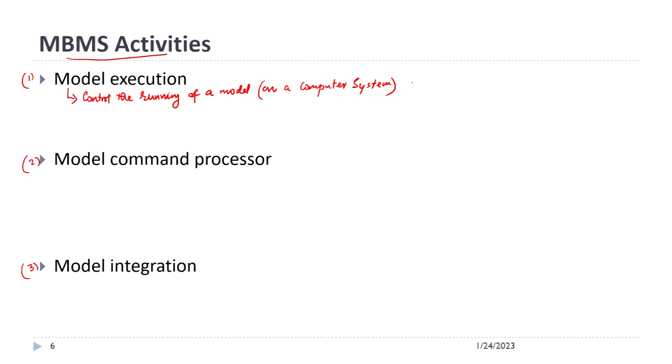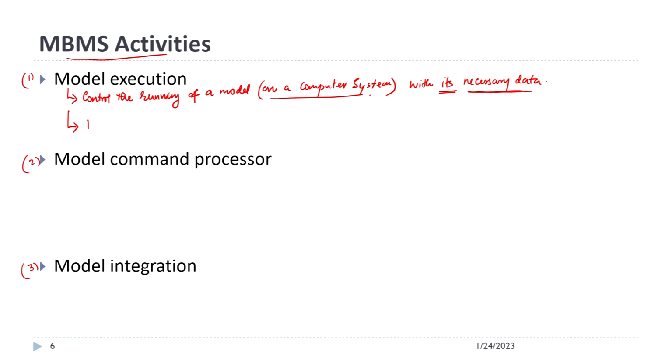Running of the model with its necessary data. What data? The necessary data of the model. Whatever data is necessary for the model, you take that data, provide it to the model, and it runs using a computer system. That is the first major aspect of model execution.